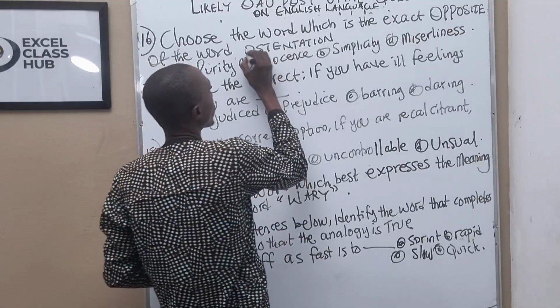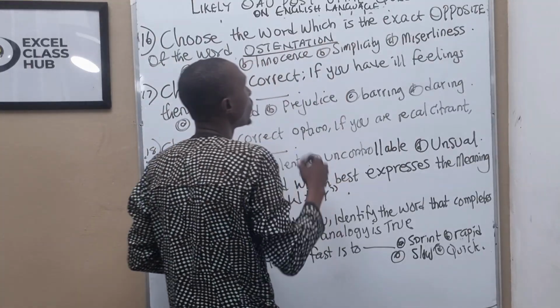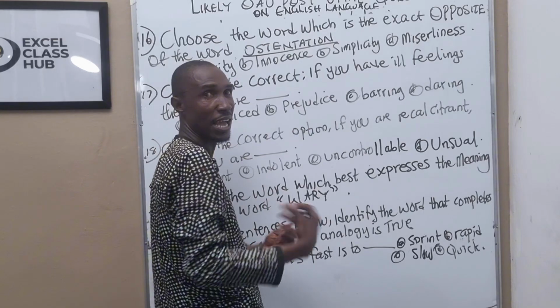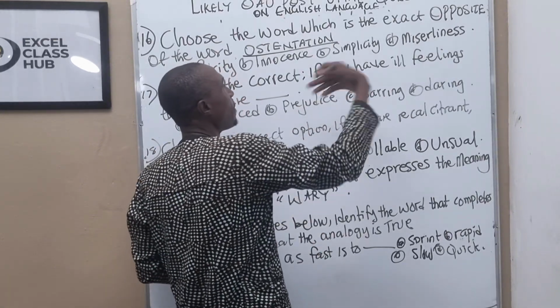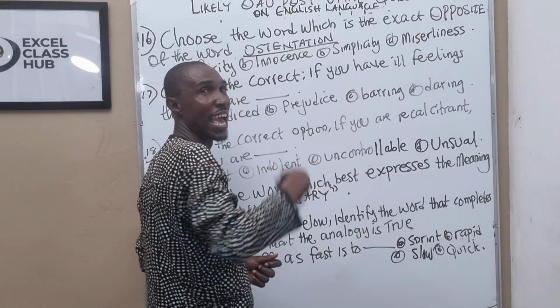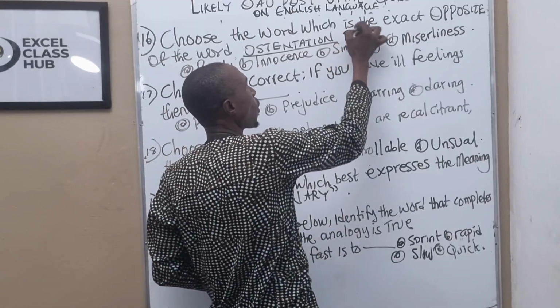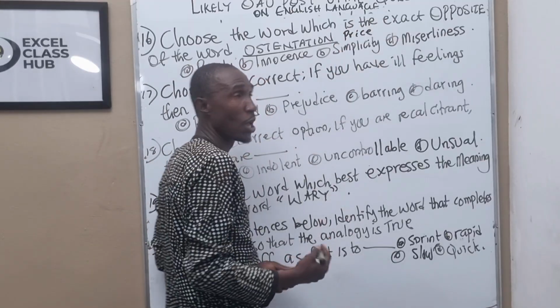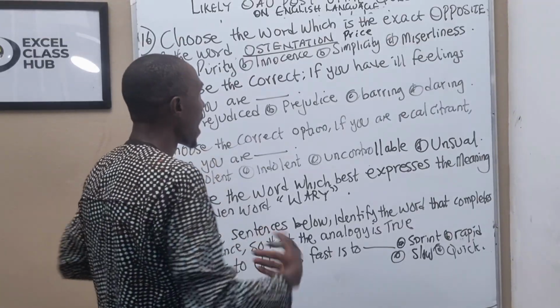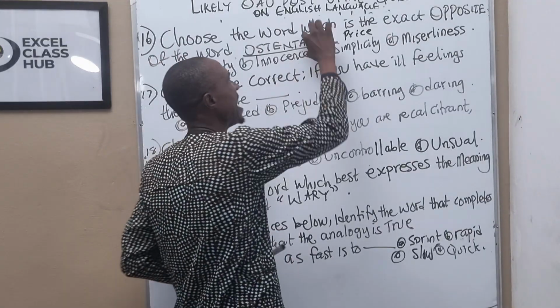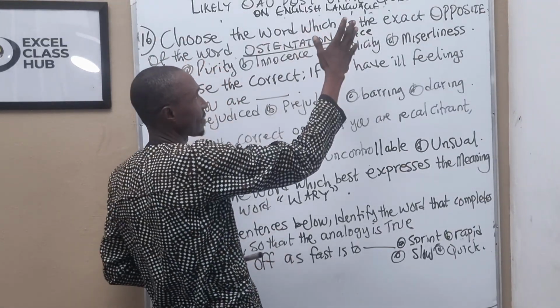Now, the word ostentation means when someone is extravagant, when someone likes buying things even though it's very expensive, when someone doesn't bother about the price of a particular product, when someone lives a life that he believes that he has enough, he spends.